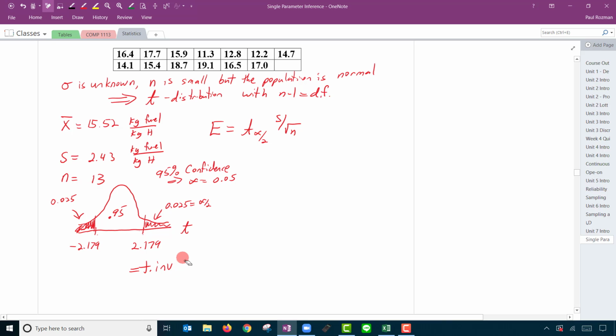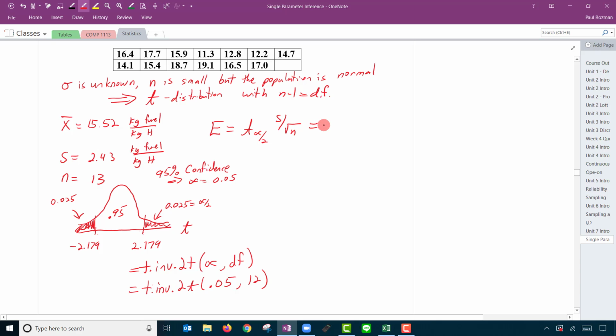I know there's a function in Excel called t.inv.2t, and 2t stands for two tails, so you have an upper tail and a lower tail. In this case, we don't have to even cut alpha in half. You can just put alpha in there and then your degrees of freedom. So we'd put t.inv.2t, 0.05 and 12, and it should give us this 2.179.